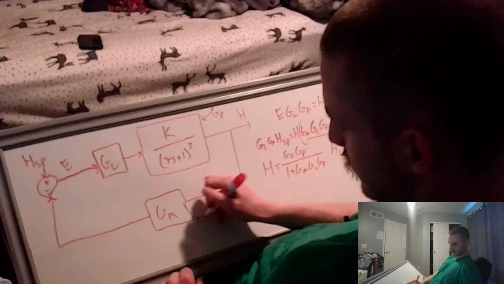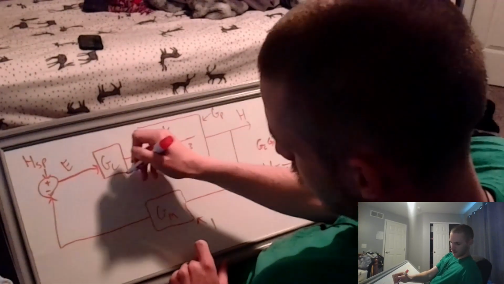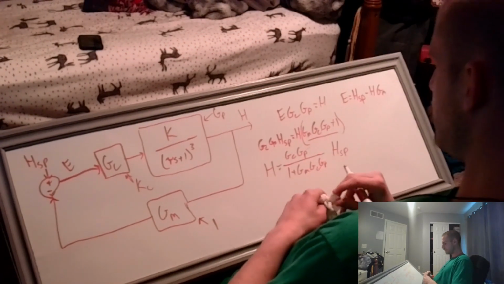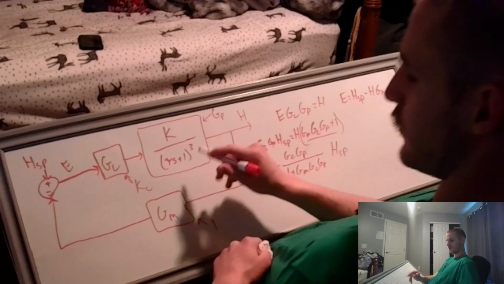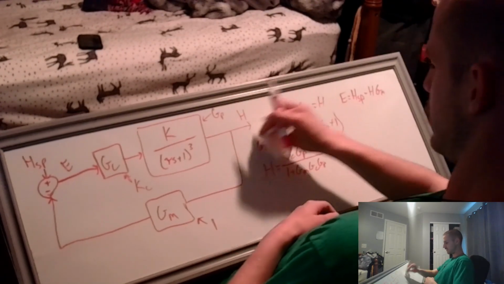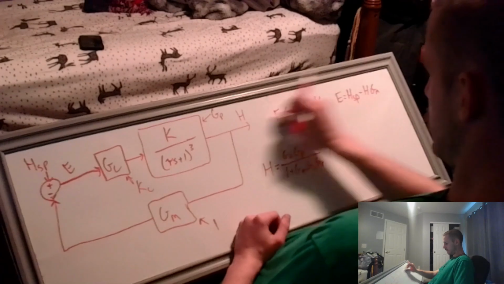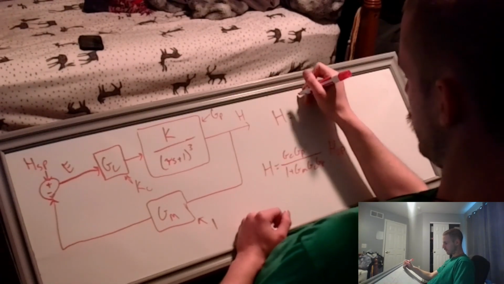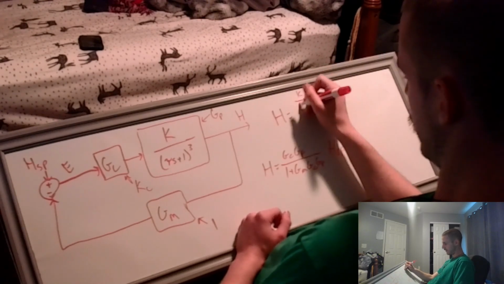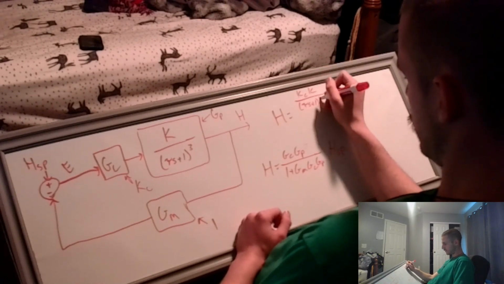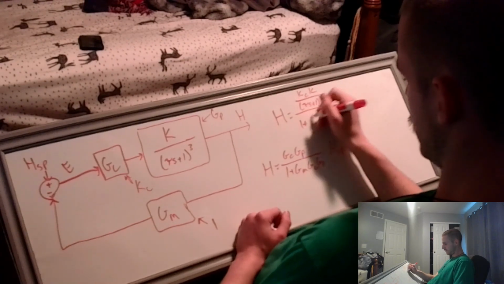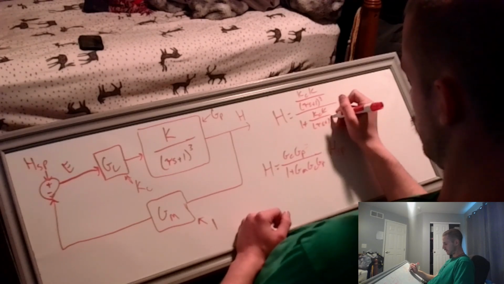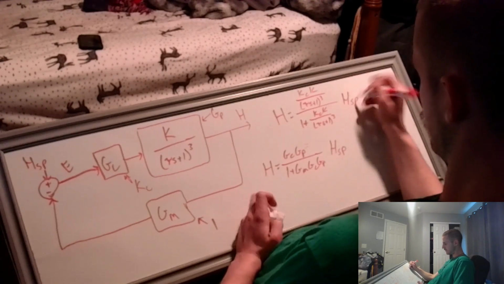Now what I'm going to do, I'm just going to say that GM equals 1 and GC is some proportional controller Kc. Then I'm also going to substitute our k over (tau s plus 1) cubed. So our height is going to equal Kc k over (tau s plus 1) cubed over 1 plus Kc k over (tau s plus 1) cubed, times our height set point.